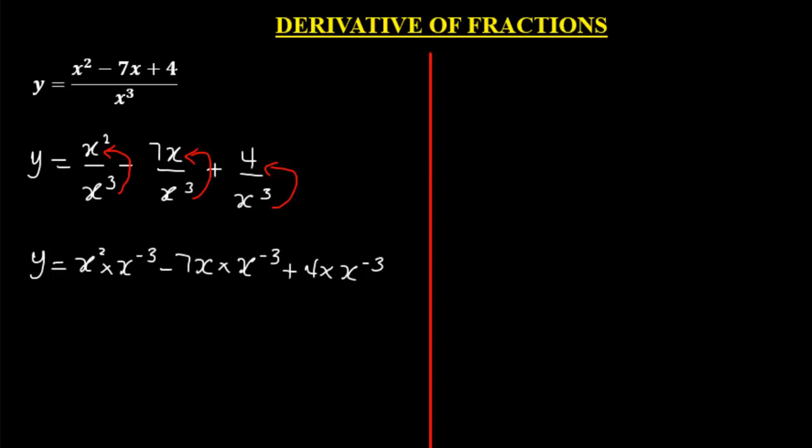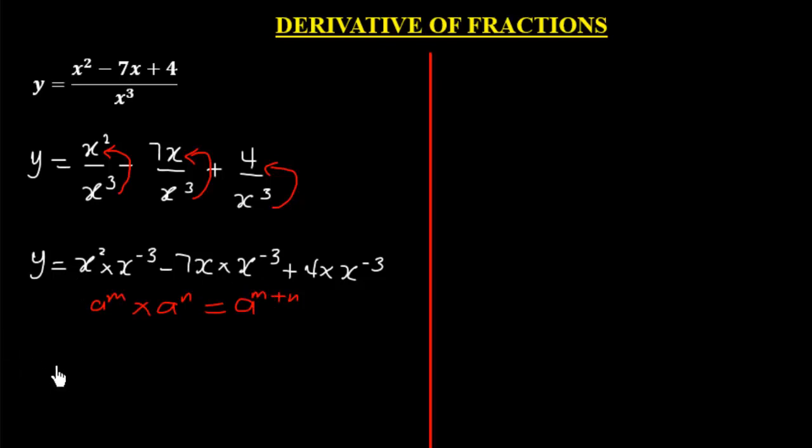Alright, from indices we know that whenever variables of the same base are multiplying, we add the exponents. So when you have a to the power m times a to the power n, it is going to be a to the power m plus n. So we add the exponents when the bases are the same and they are multiplying. That's the exact situation we find in this function.